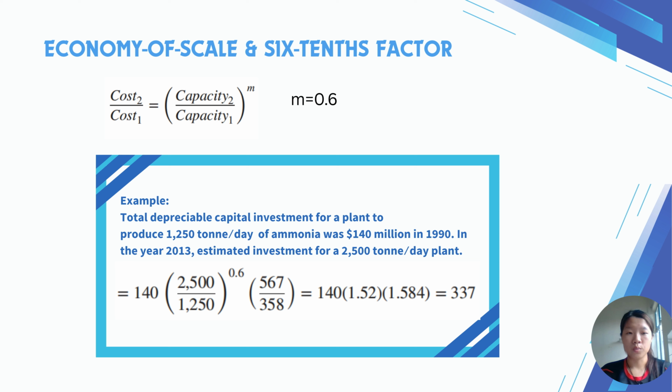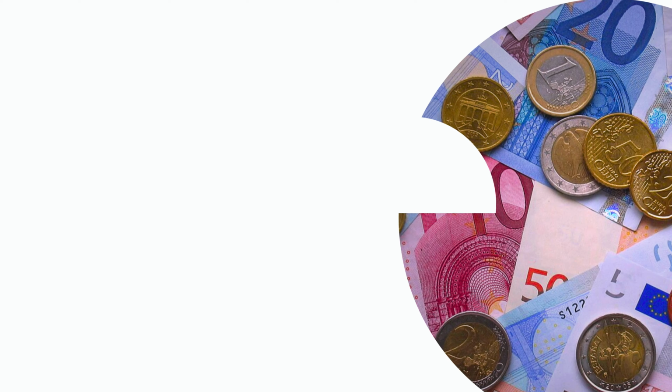The cost will be equal to 140 million in 1990 multiplied by the capacity of the plant in 2013, which is 2,500 tons per day of ammonia, divided by the capacity of the plant at 1,250 tons per day of ammonia, to the power of 0.6, which is equal to M. And since there is a change of year, we need to multiply by 567, which is the index value in 2013, divided by 358, the index value in 1990. So the cost will be equal to 337 million.